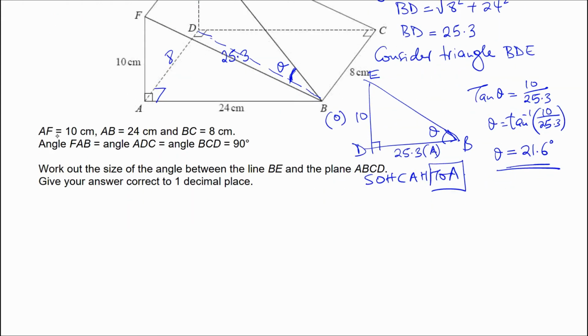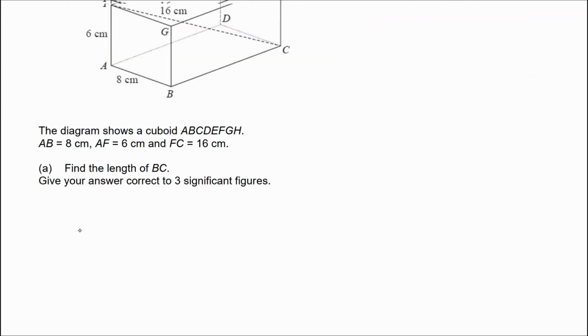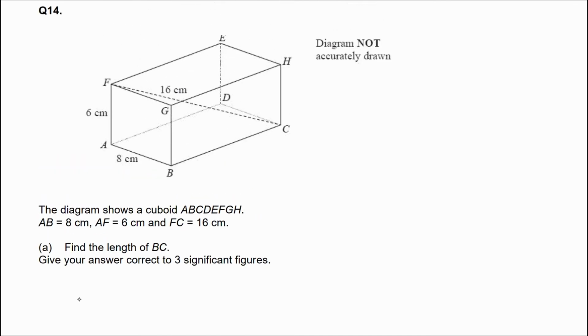Okay, next question, which is number 14. So number 14, here we have again a cuboid. Find the length of BC. So let's just call this x. Now, note something here that I want you to remember.